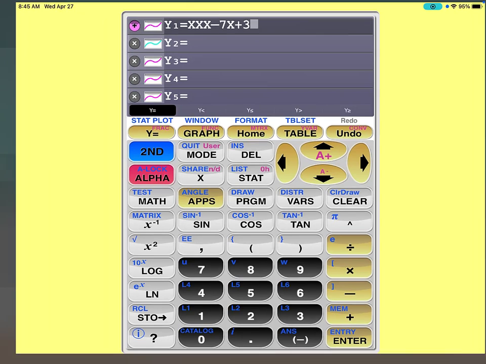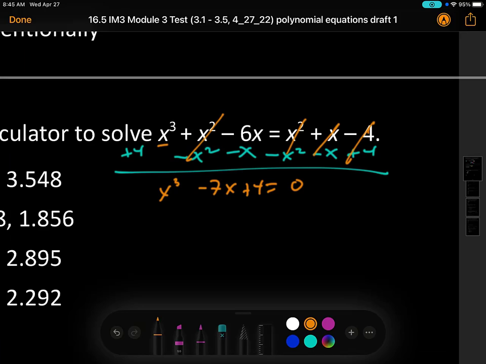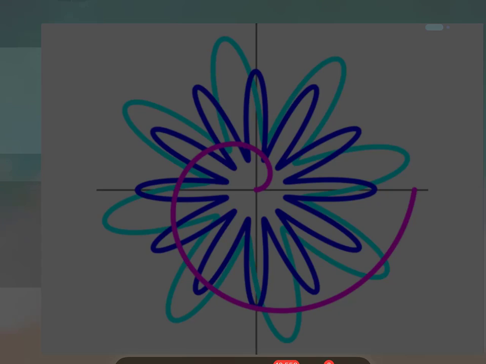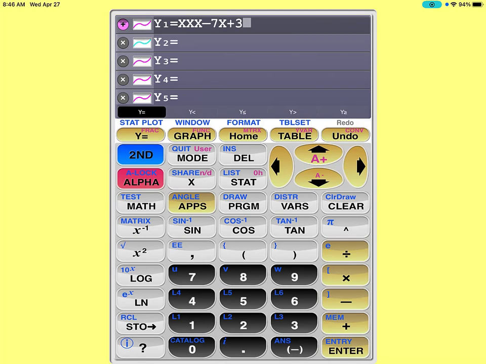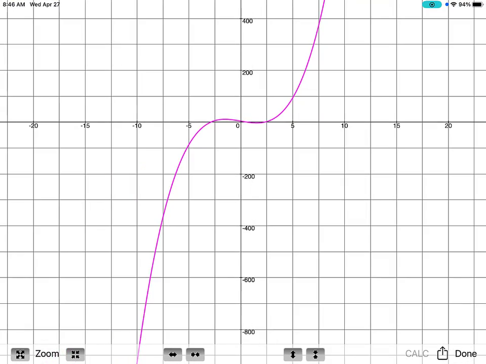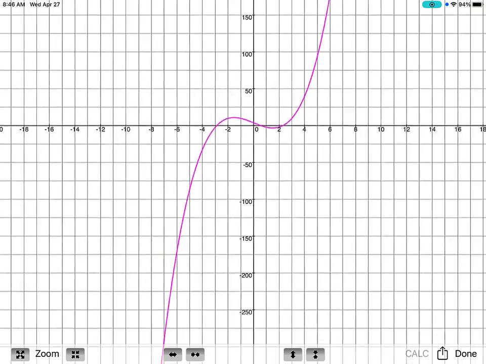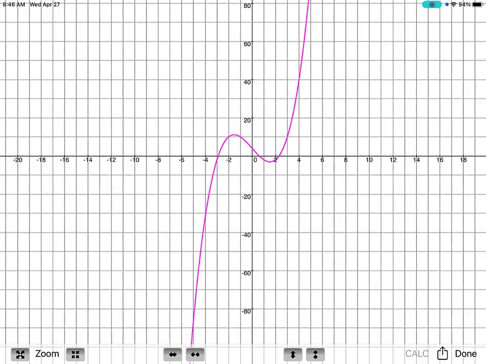Is that what I said? Plus 4. Right. And we're asked to solve. So solving means where it crosses the x-axis.